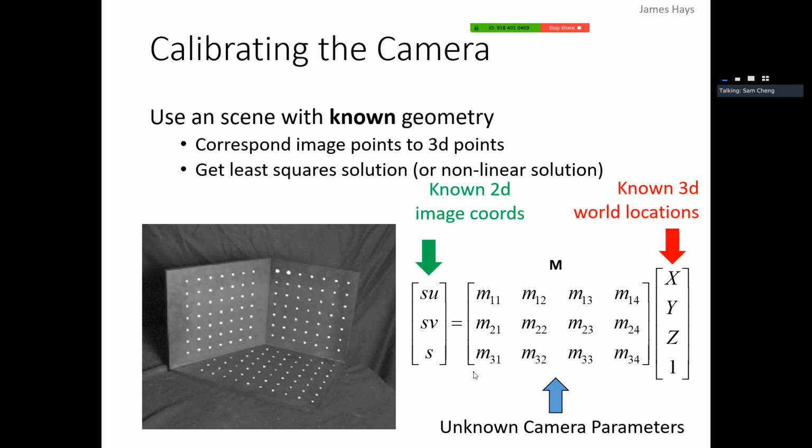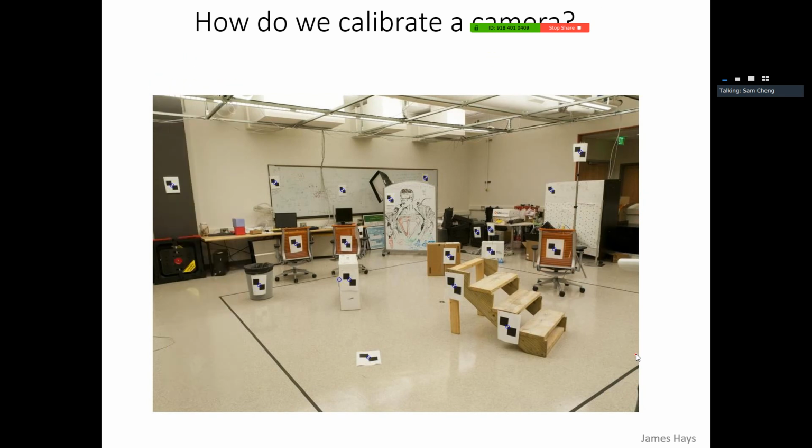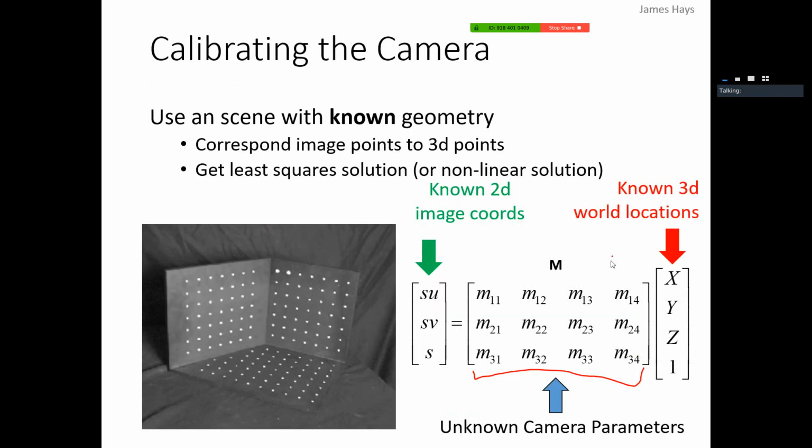If we ignore the final radial distortion, then the whole camera model can be characterized just by this camera matrix here. This camera matrix is basically what we have earlier, the extrinsic matrix multiplied by the intrinsic matrix.